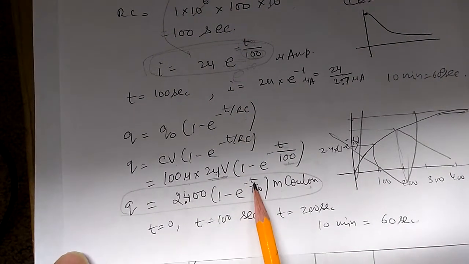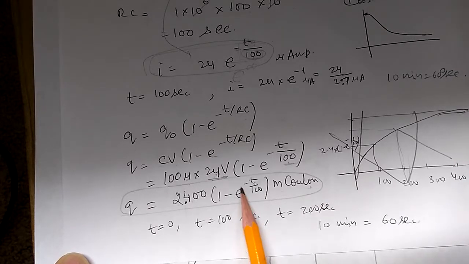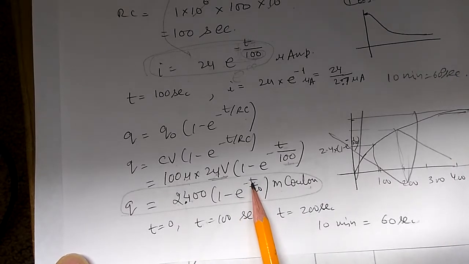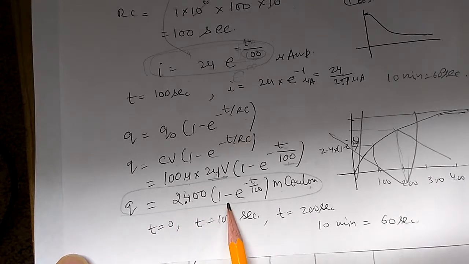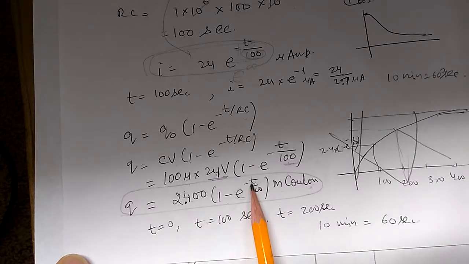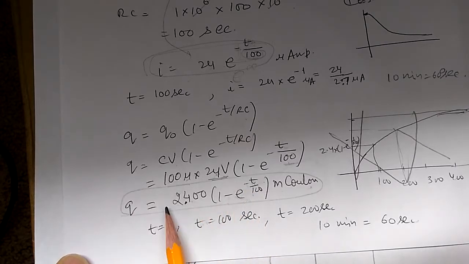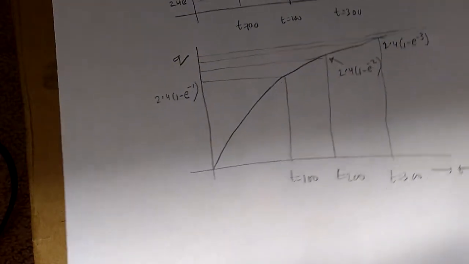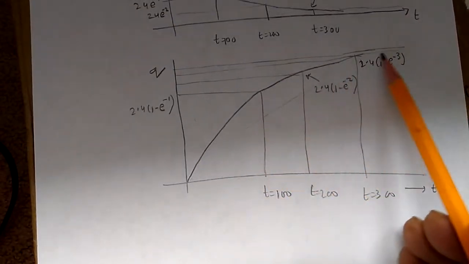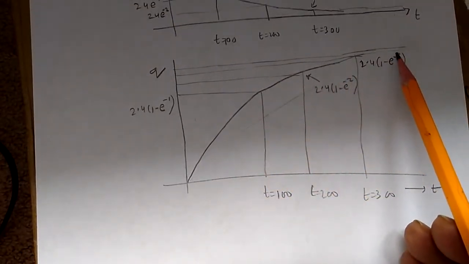When t is equal to 0, e to the power of 0 is 1, so 1 minus 1 is 0 and Q is 0. When t is equal to infinity, e to the power minus t by RC becomes 1 upon infinity or 0, and the whole thing is 2.4. So initially the charge is 0 and finally it tends to the maximum value Q naught.